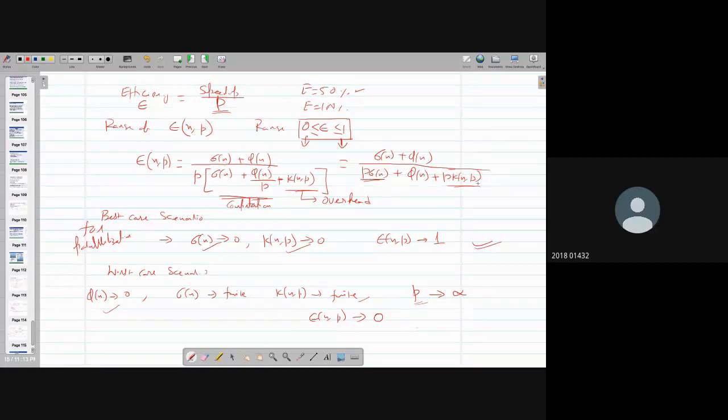Sir, I had a doubt. If phi n is 0, then will it depend on P? Because if nothing can be parallelized, then how will efficiency depend on P? Exactly, phi n tends to 0. I'm writing phi n tends to 0. The efficiency always depends on p.